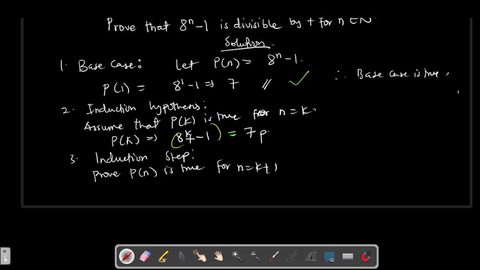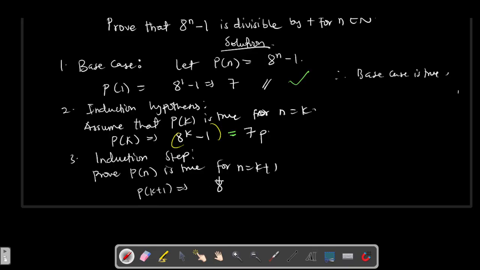So let's assume that 8 to the power k minus 1 is equal to 7p, because 7p is divisible by 7, since 7 will cancel with p. p is just an unknown to show that indeed our expression here is divisible by 7. So the assumption holds.